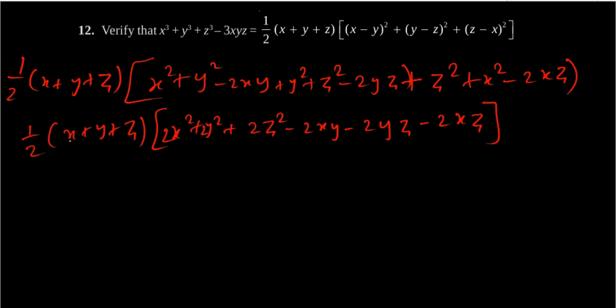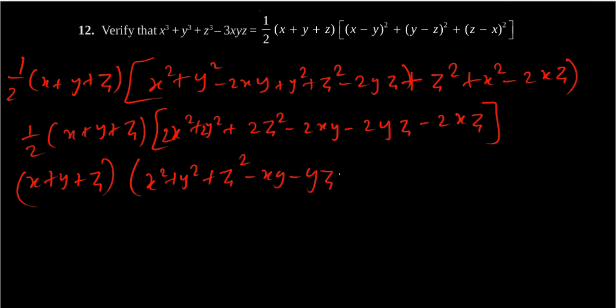It is a product of x plus y plus z into this bracket: x square plus y square plus z square minus xy minus yz minus zx. This identity we know very well already.